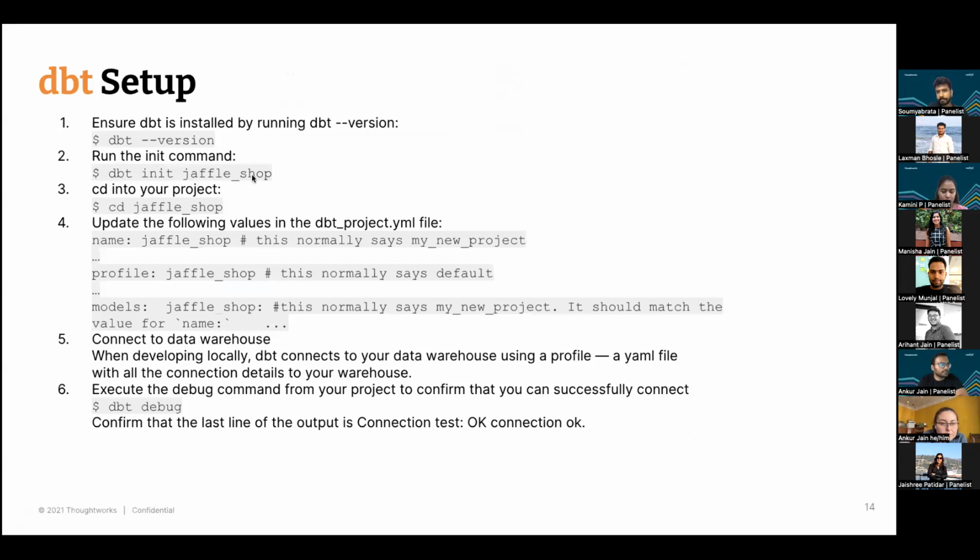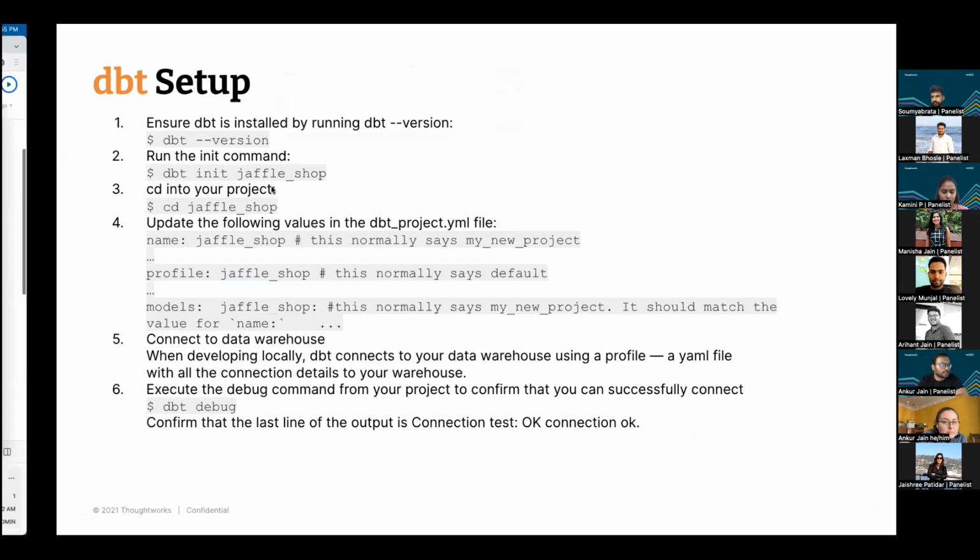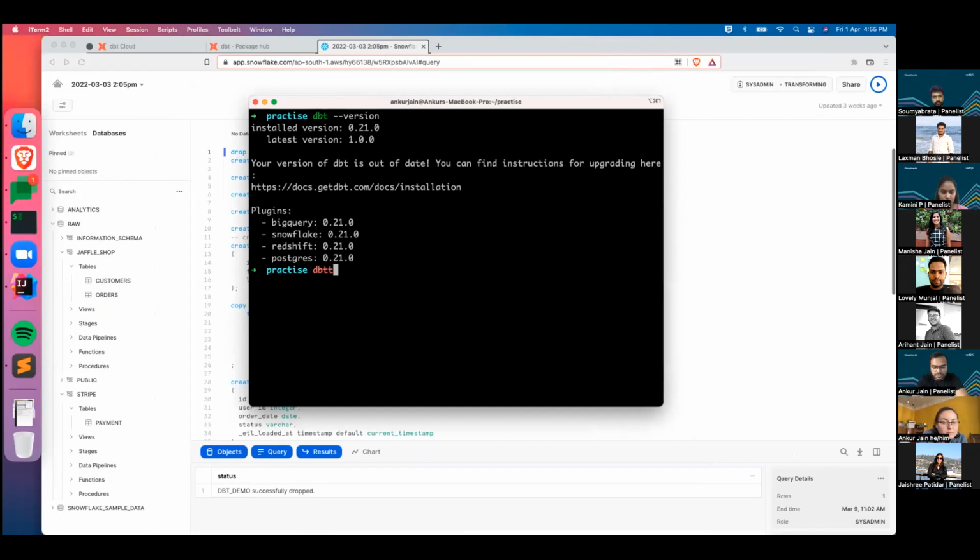Let's try and create a project. So like any GitHub project, you can just do dbt init and the project name, and it'll initiate a project for you. So let's try dbt init. And I want to name it Jaffle Shop. So let's see what happens with Jaffle Shop.